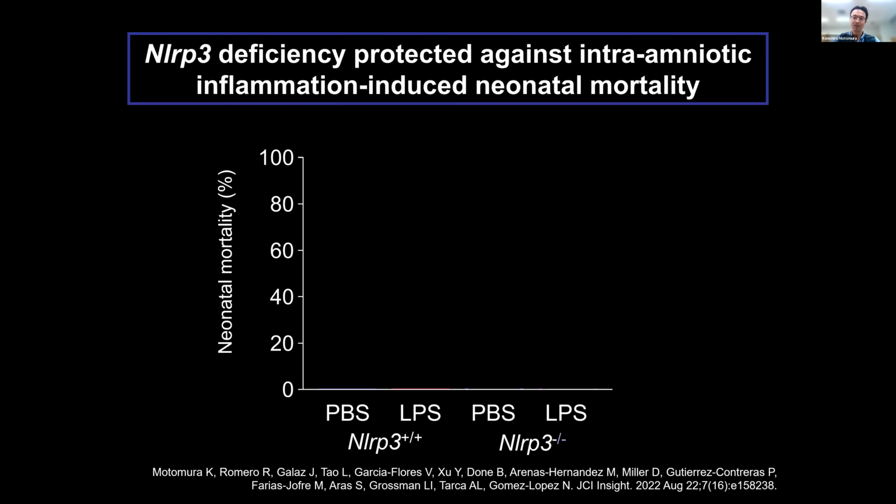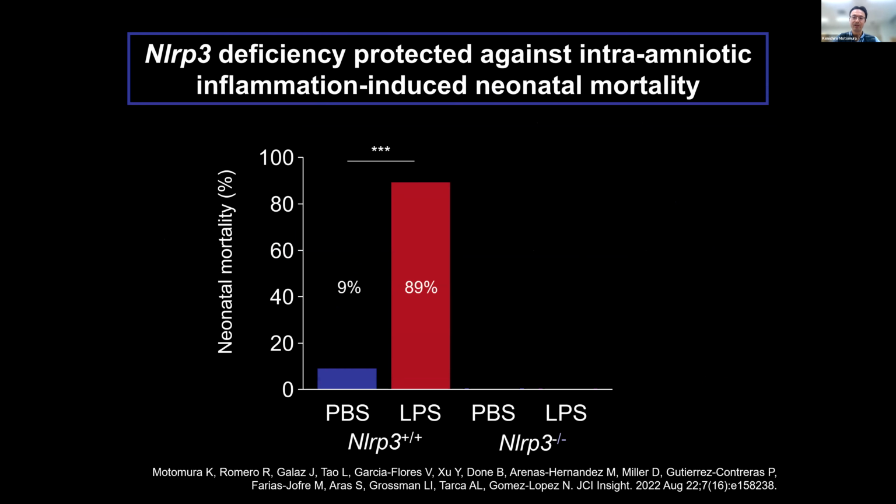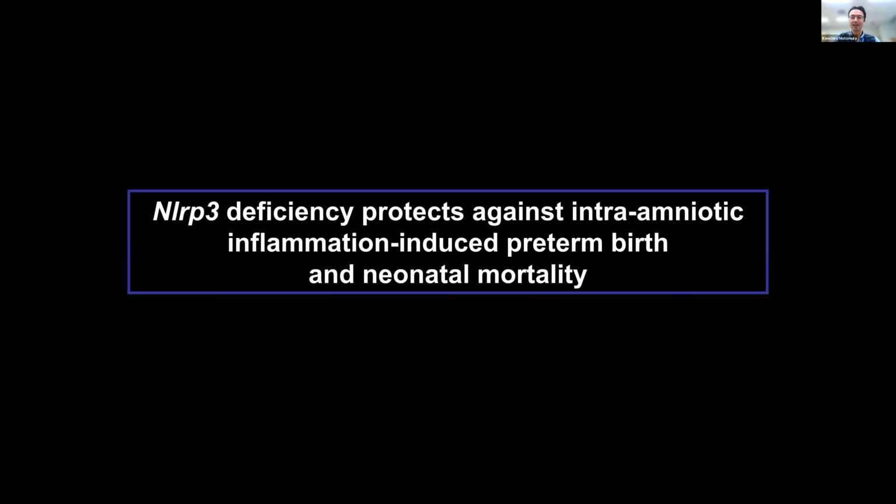Similar to pregnancy outcomes, neonates born to wild-type dams injected with LPS died shortly after birth, whereas those born to NLRP3 deficient dams displayed a mortality rate similar to controls. Therefore, NLRP3 deficiency protects against intra-amniotic inflammation-induced preterm birth and neonatal mortality.